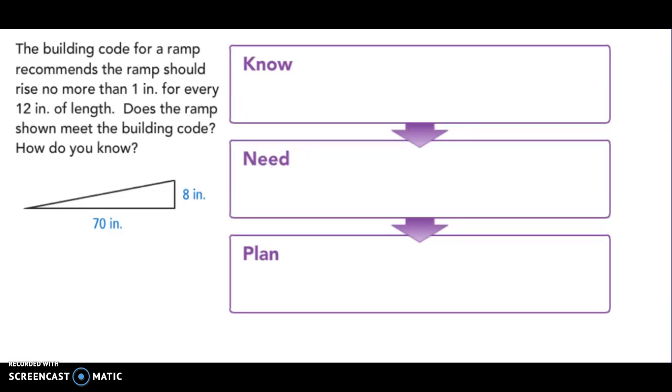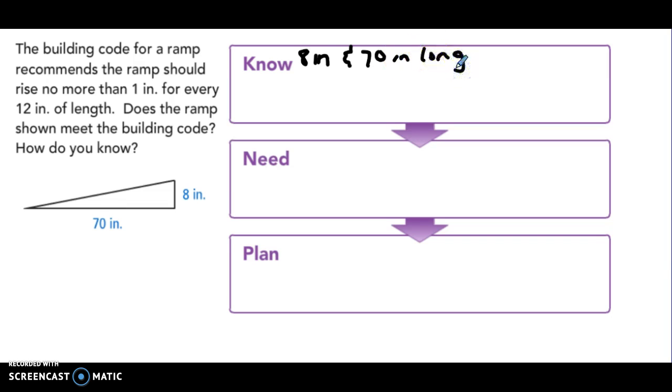Alright, so the building code for a ramp recommends the ramp should rise no more than 1 inch for every 12 inches of length. Does the ramp shown meet the building code, and how do you know? Well, what do you know so far? You know that the ramp is 8 inches and 70 inches long.